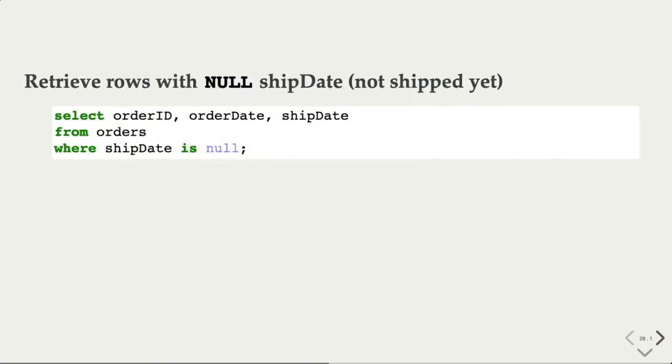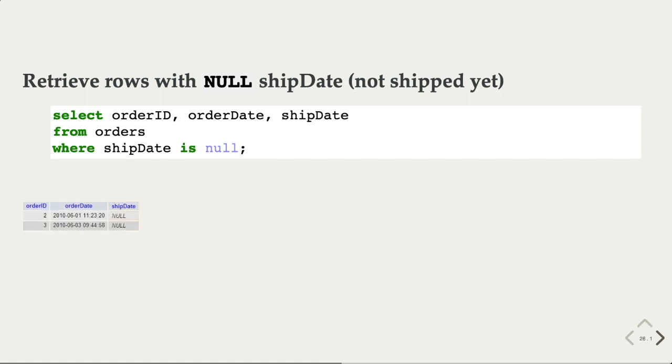So we can take advantage of this kind of null value for our select statements. So for example, we can select all the orders where the ship date is null. And so if we assume that if something has not been shipped, the value should be null, then here we're essentially querying the database to see what orders have not been shipped yet so that we can process them in time, right?